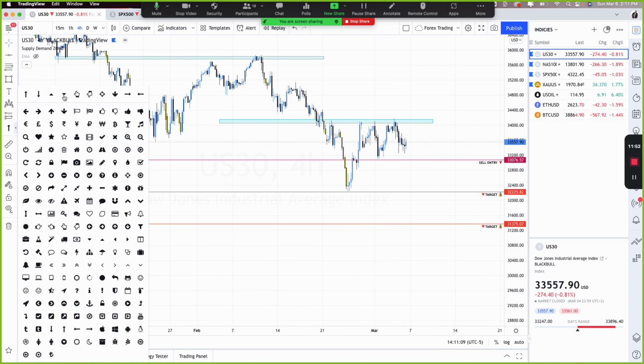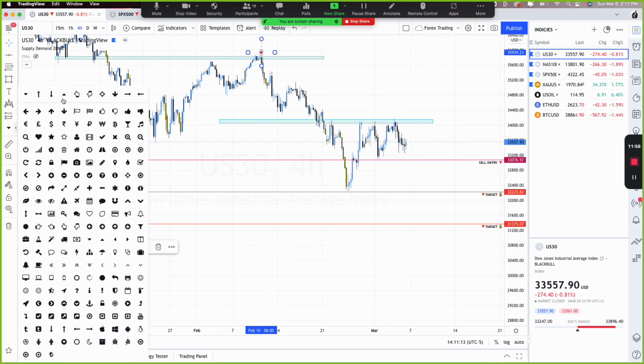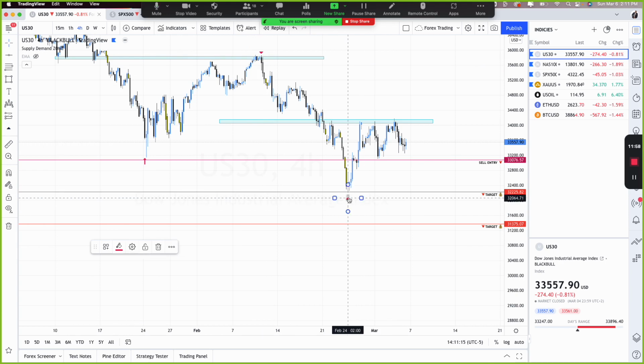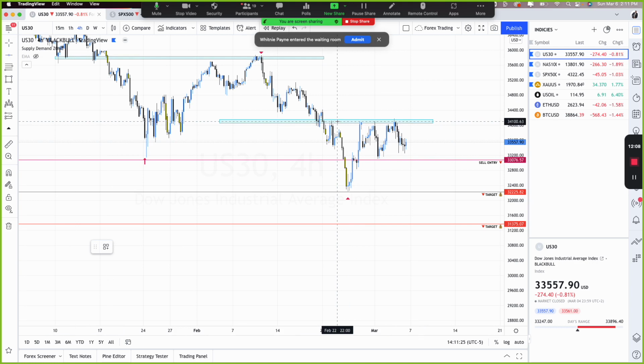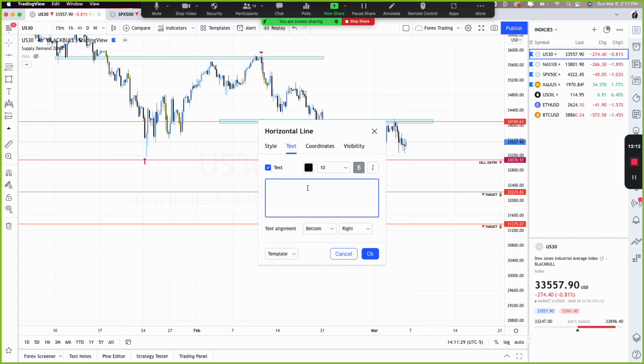So my second move was from this point to this point. Here was my retracement, right in this area. This was around 50%.